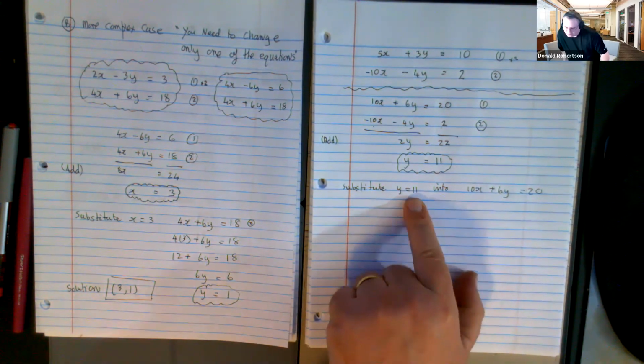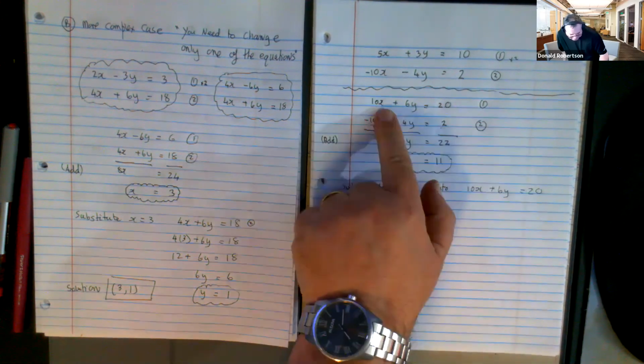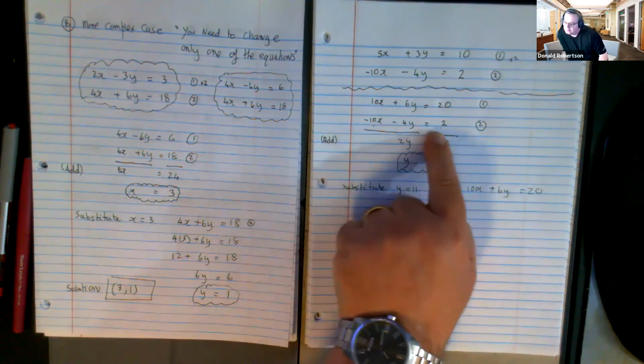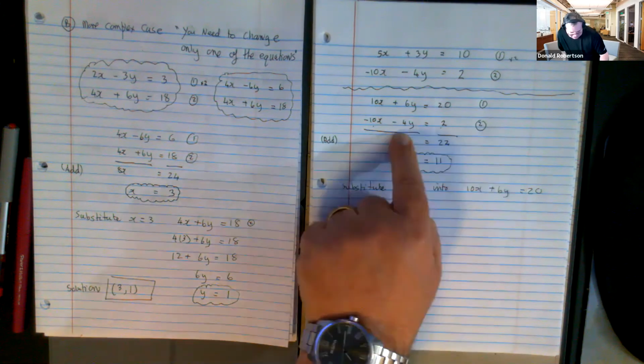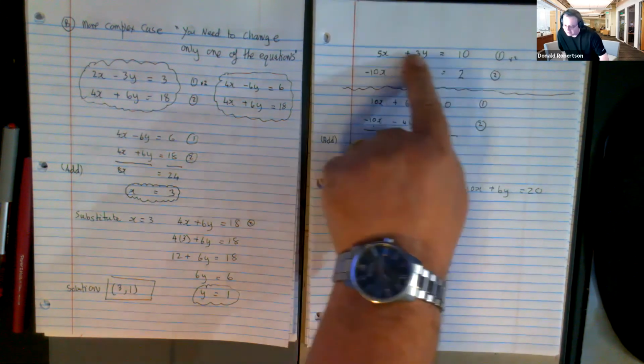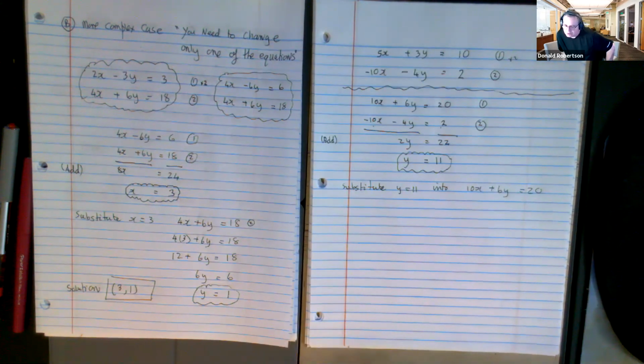So I would plug into this one. Could I plug it into this one? Would it work if I plugged into this one? Yes. So it's not a prescriptive thing. Just find any equation that you like, any one that's got an x and a y in it at least, and it'll work.